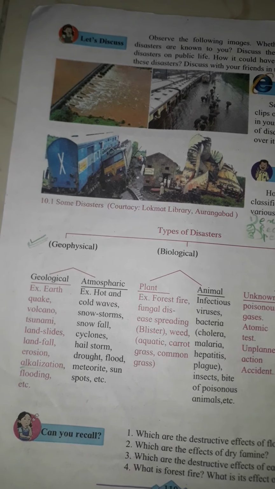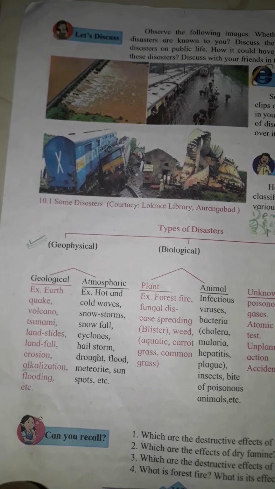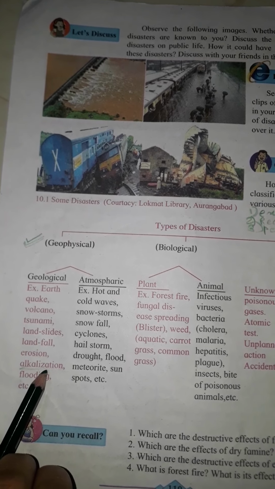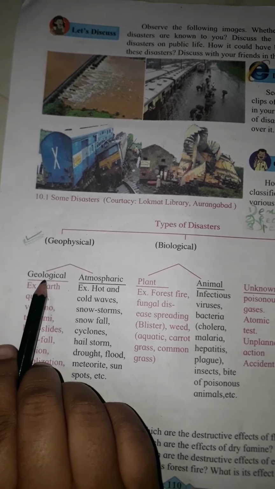Alkalization means the soil turns salty and it becomes useless for the growth of any crop. At that time we can say that earth has become alkaline, so that is called alkalization of land. And that also comes under geological disaster.